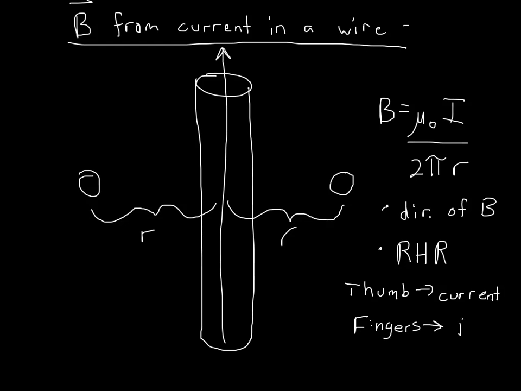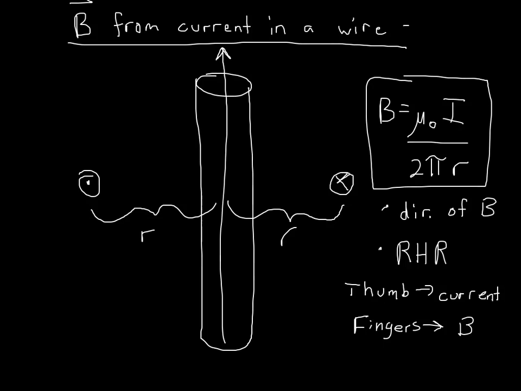We'll show you how this works in class. It's hard to show you here on the virtual blackboard, but the result is that the magnetic field on the right-hand side of this wire goes into the board, and on the left-hand side, it comes out of the board. And this is my magnetic field from a long straight wire.